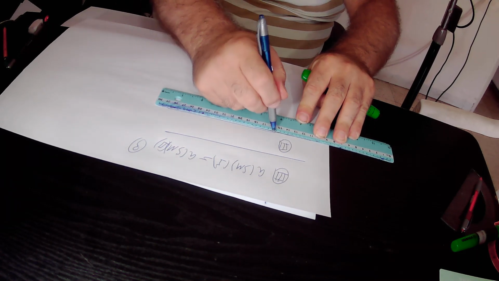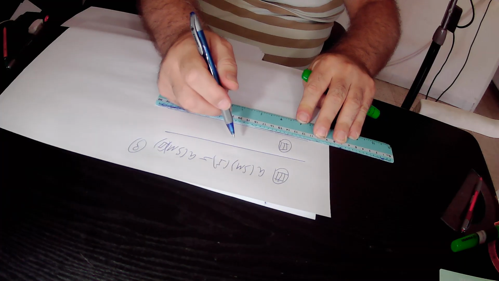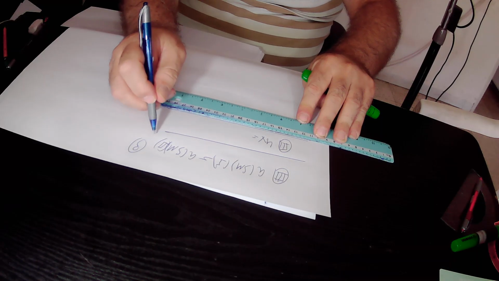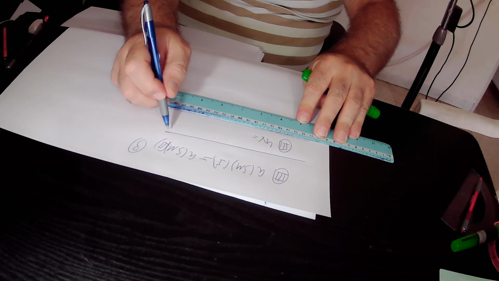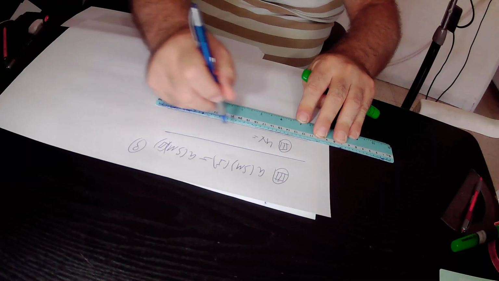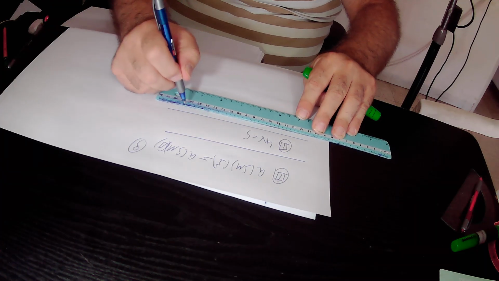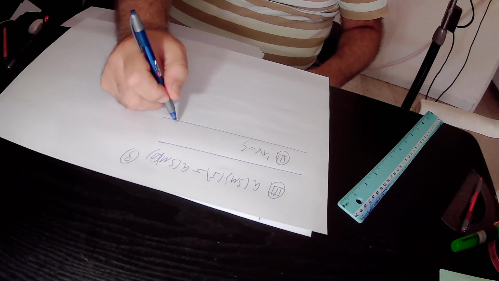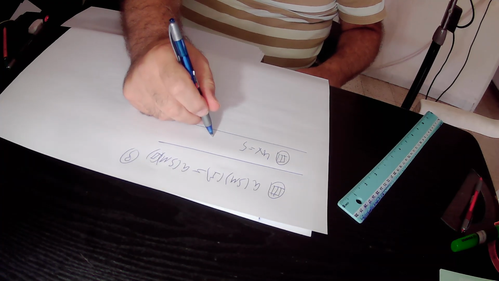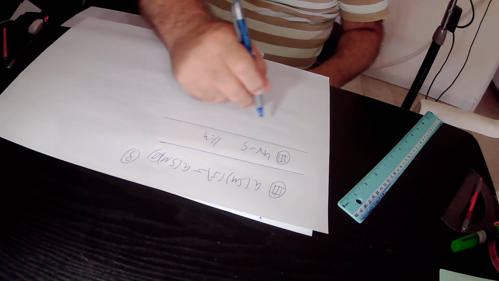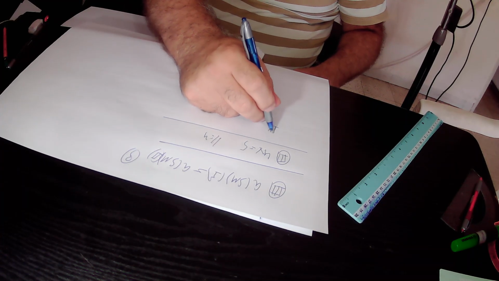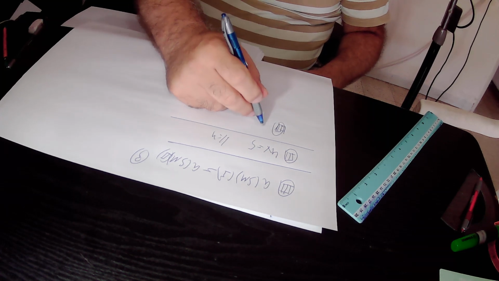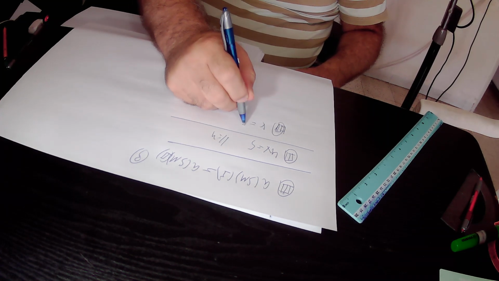A times SM according to equation 1 is 4x, and it must be equal to A times SM according to equation 2. A times SM according to equation 2 is 5. So in total, according to equation 3, we found out that 4x equals 5. Here we divide this equation 3 by 4, and finally we get that according to equation 3, x equals 5 quarters.